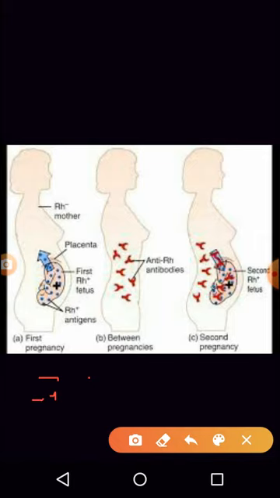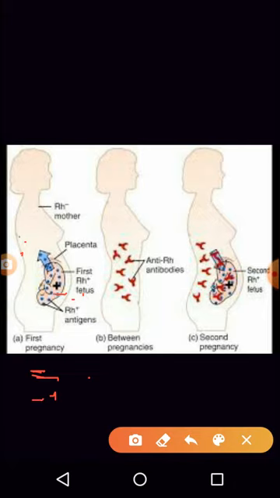Now, if the child's blood comes in contact with the mother's blood, the D antigen present on the RBC enters the mother's blood.